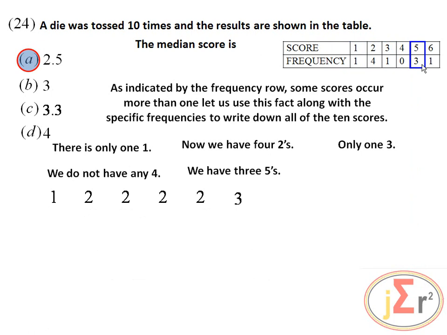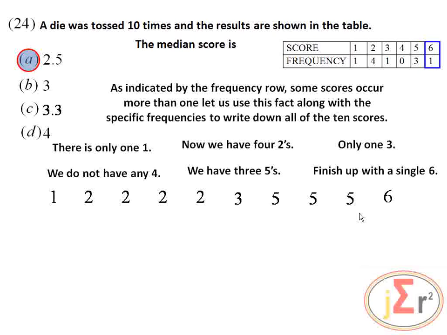The frequency is 3, telling us that there are 3 5s. There we have them. 1, 2, 3. And then finally, we have a single 6. So we are finishing up with a single 6. There we have all of them now. So we have 1, 2, 3, 4, 5, 6, 7, 8, 9, 10.